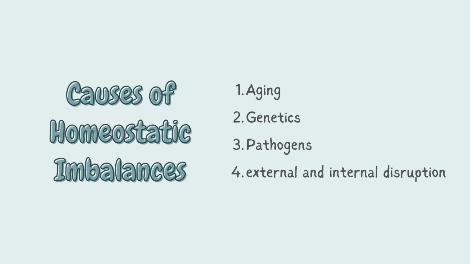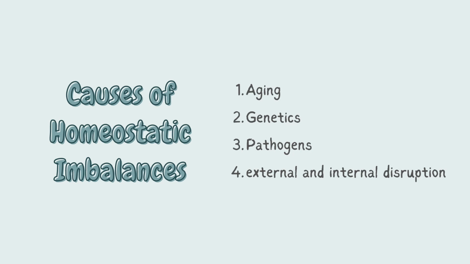Causes of homeostatic imbalances can include the following. The primary reason that there is an imbalance is aging. This can affect the person's organs and the organs' control systems or feedback mechanisms. The next is genetics or inheritance of diseases. Next are pathogens.